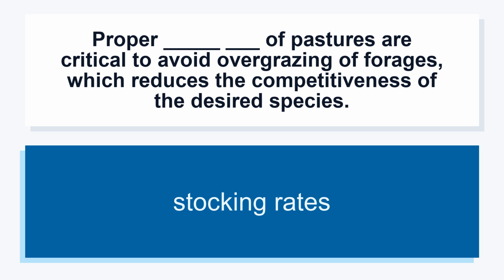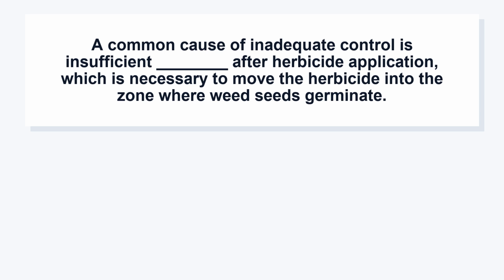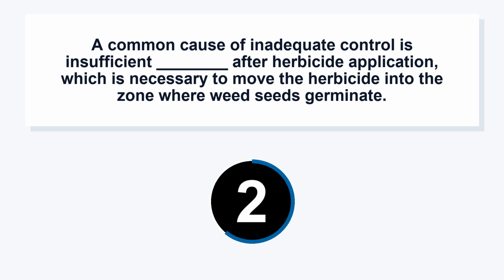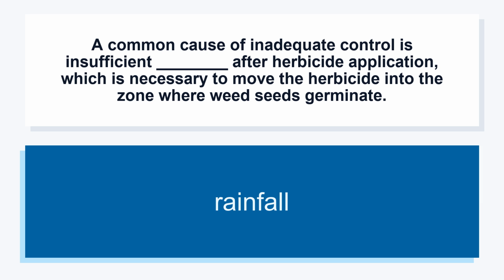A common cause of inadequate control is insufficient rainfall after herbicide application, which is necessary to move the herbicide into the zone where weed seeds germinate.